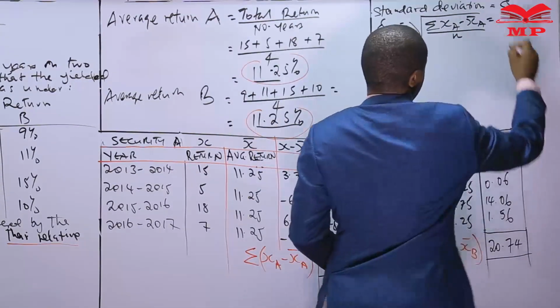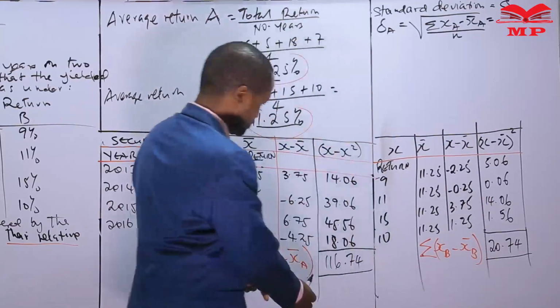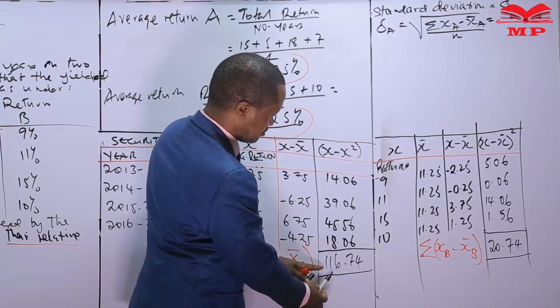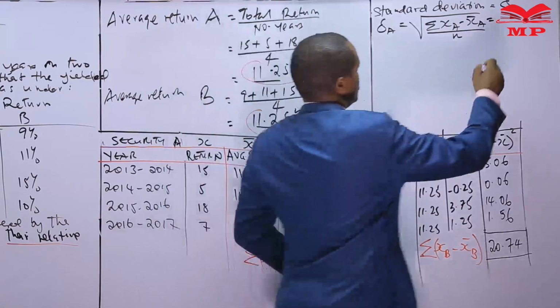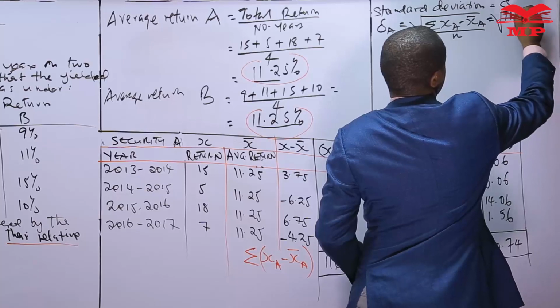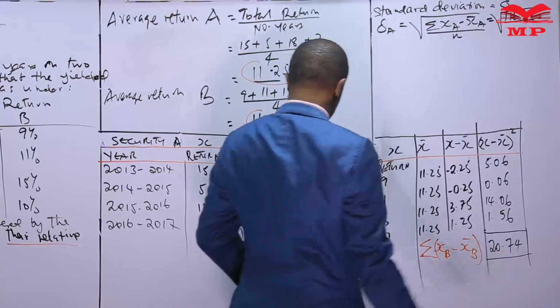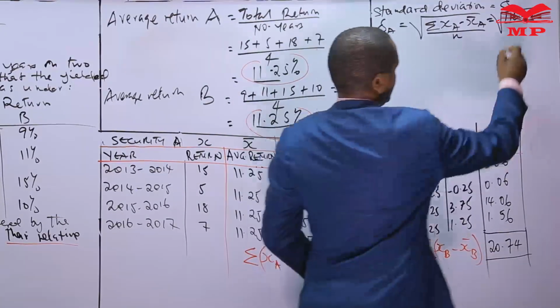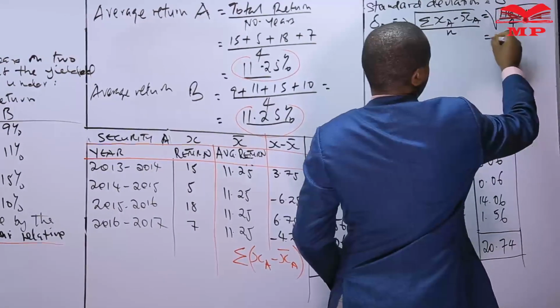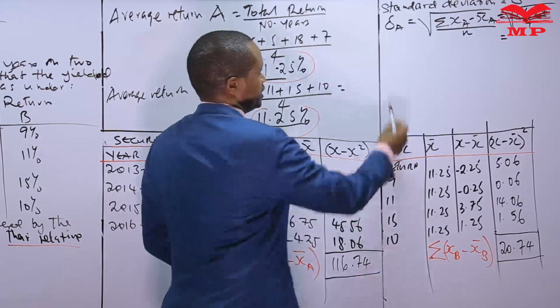In this case, it's equal to 116.74 divided by 4. That will give us the standard deviation for security A.